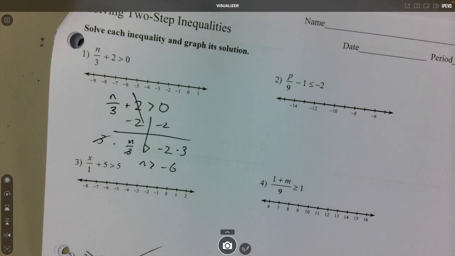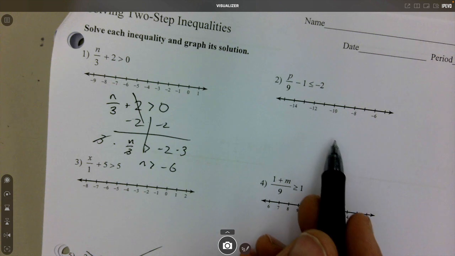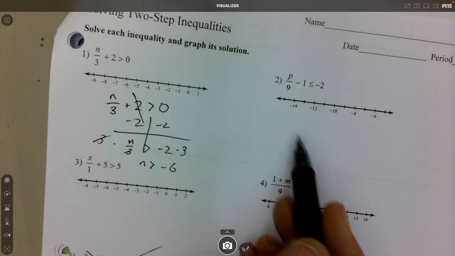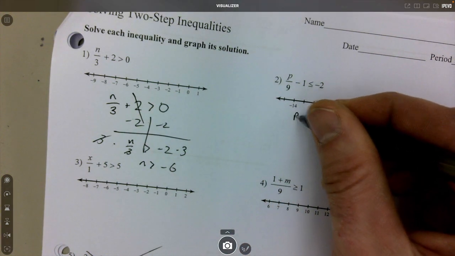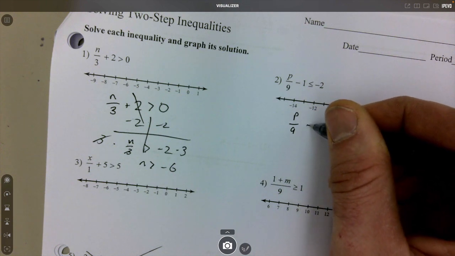If you're choosing to use this page, I want you to rewrite it under the graph. So rewrite it like that.